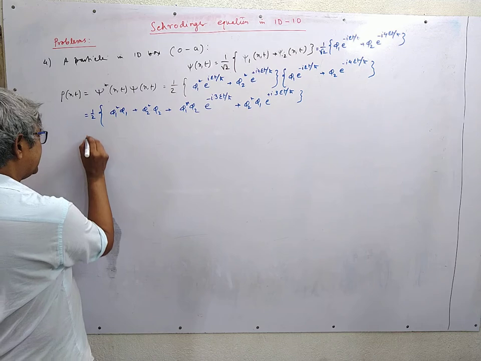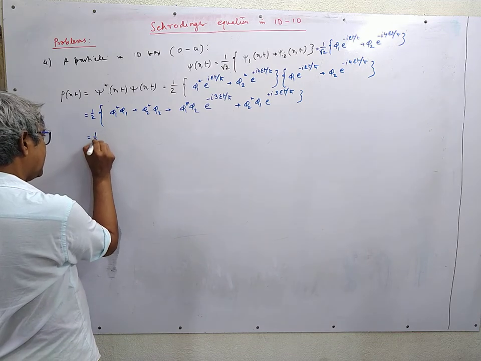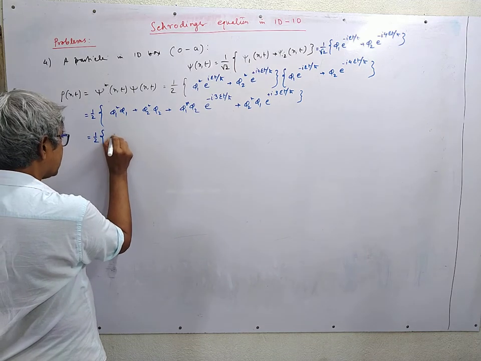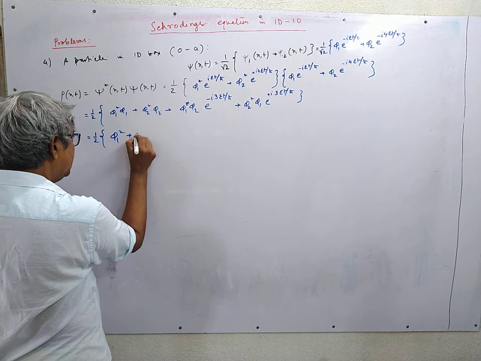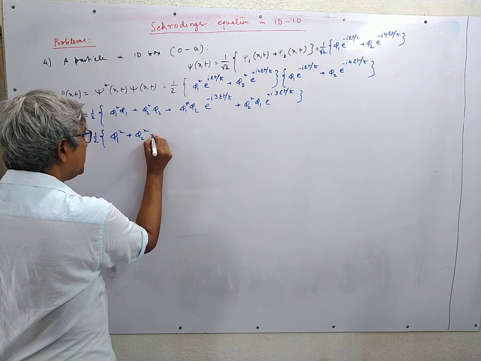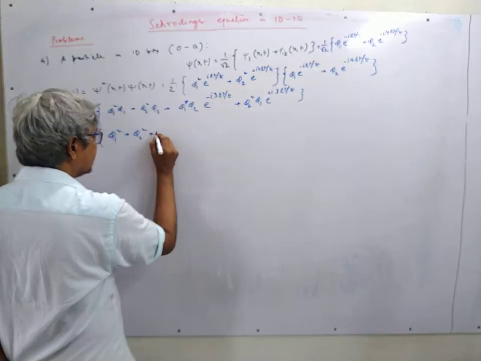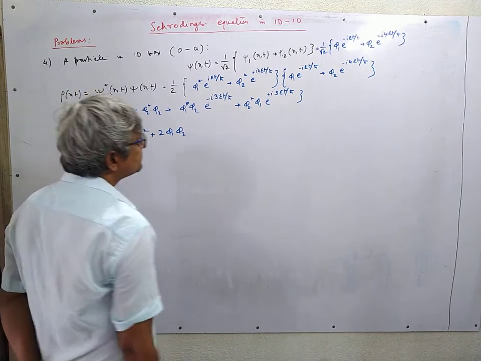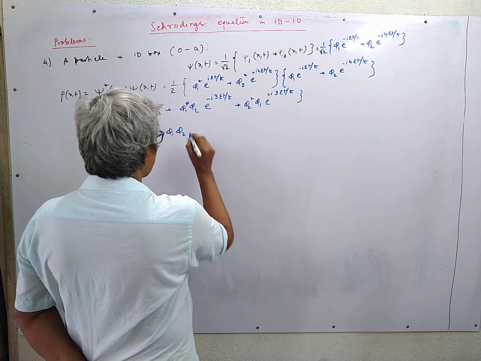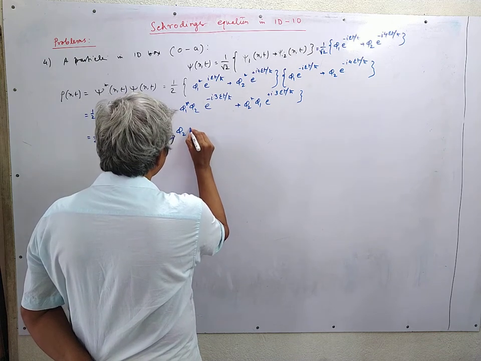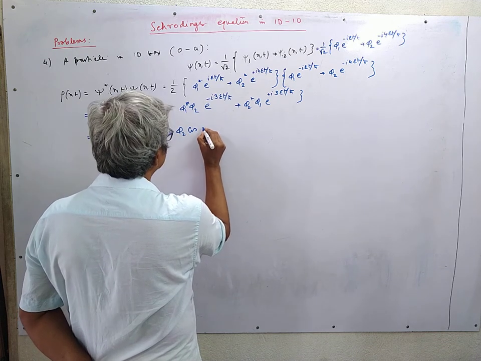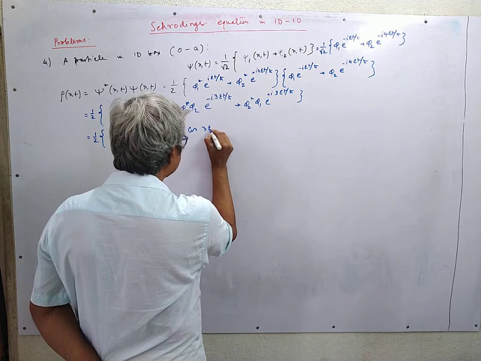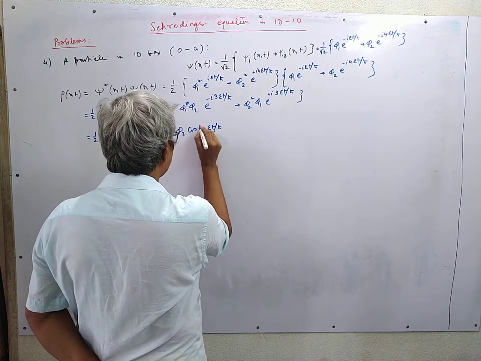Since psi 1 psi 2 are real for the present case, we write it as psi 1 square plus psi 2 square plus this part is written as twice psi 1 psi 2 cos of 3 epsilon t by h cross.